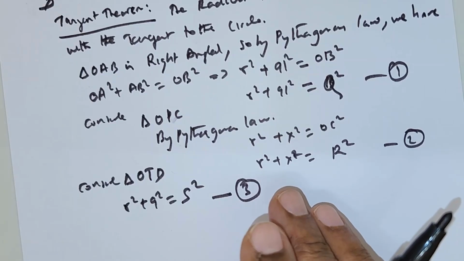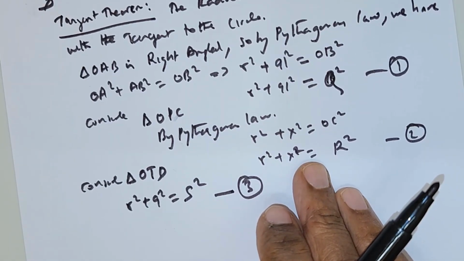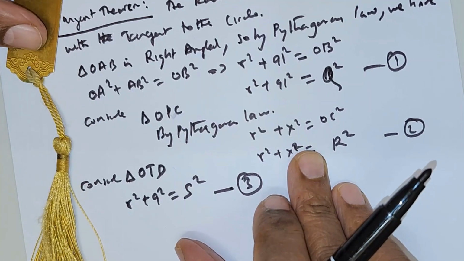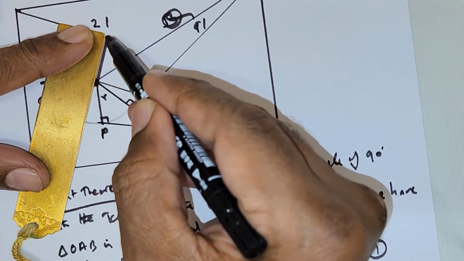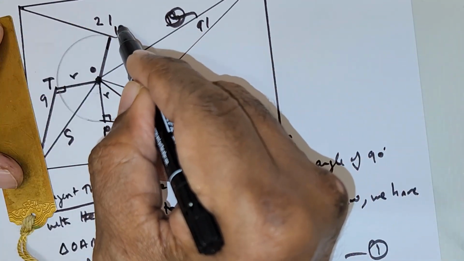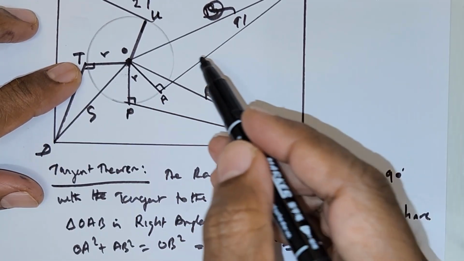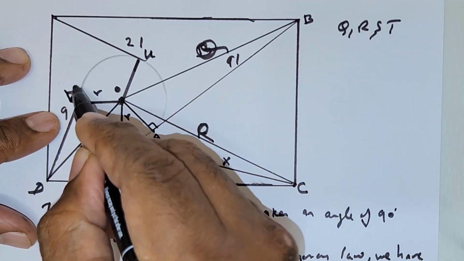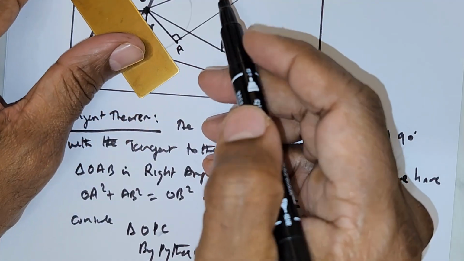Now again we will draw a perpendicular to this point. We can name it as some U. Actually, I can't take it as T here because we are already using T, so I will use some V. So consider OVD.